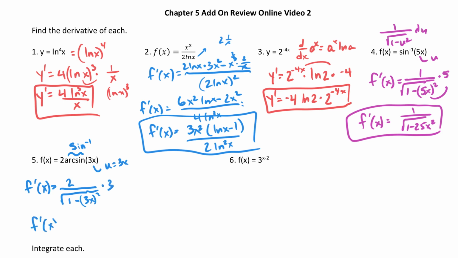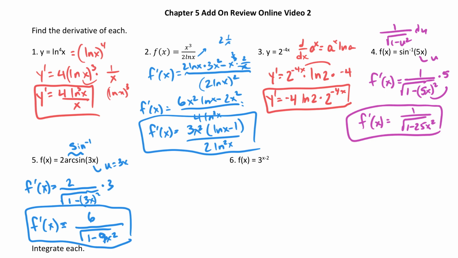So f prime of x will be 6 over root 1 minus 9x squared. All right, you have to memorize this formula right here, which is the arc sine, that one, okay?